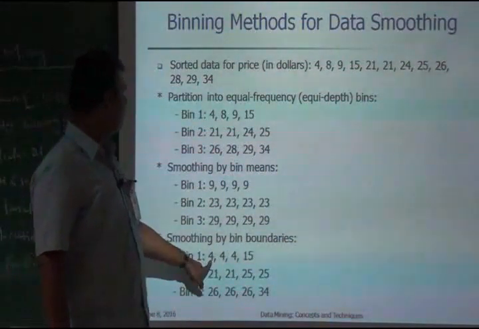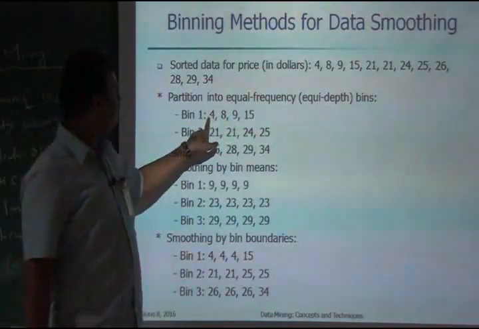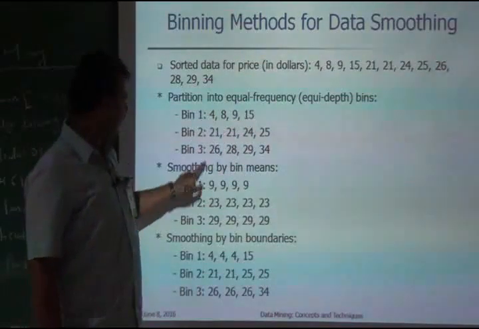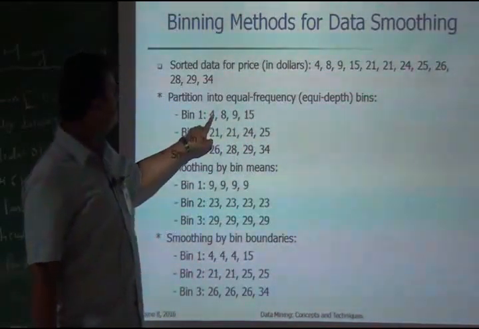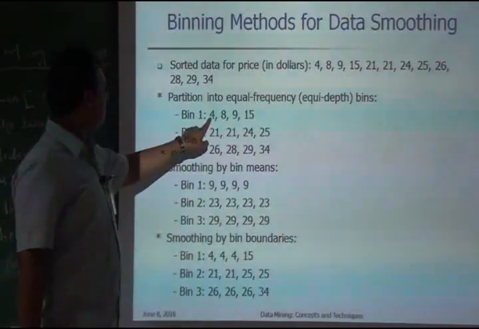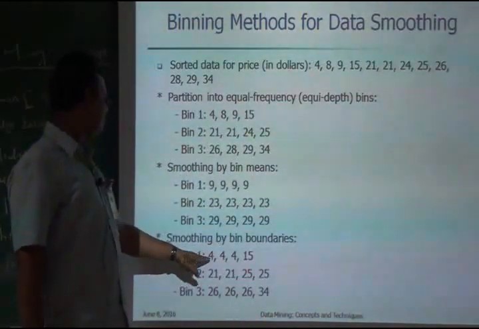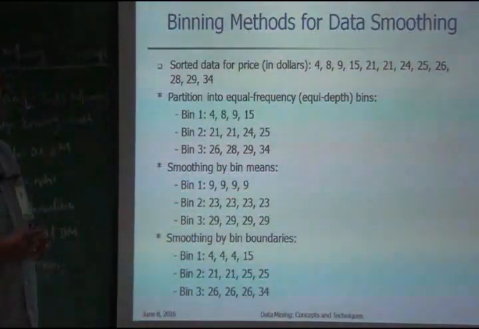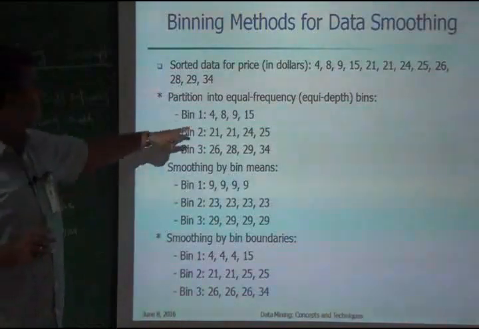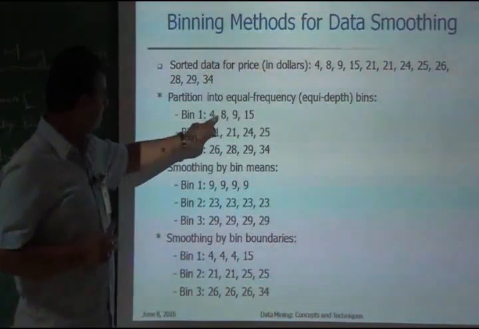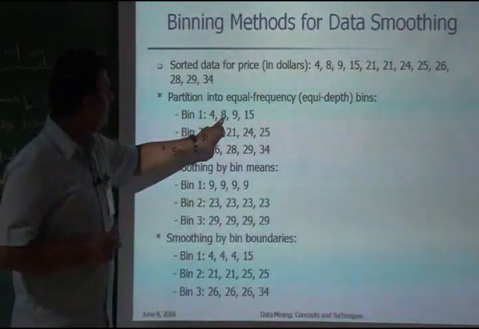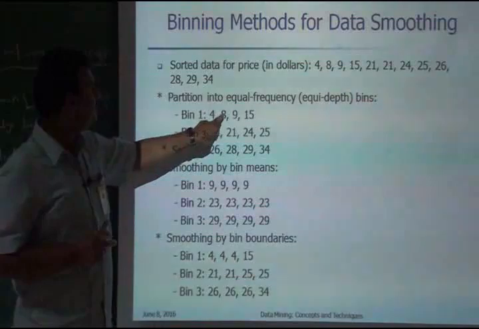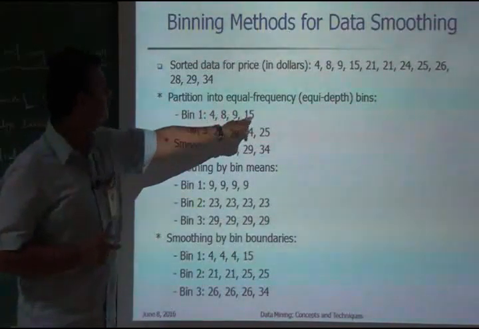For example, bin 1: what is the minimum value here? The minimum value is 4 and the maximum value is 15. We take the first data value, 4, which is the minimum, so it stays 4. The closest boundary value of 8 is the minimum value 4: the difference between 8 and 4 is 4, and between 8 and 15 is 7.